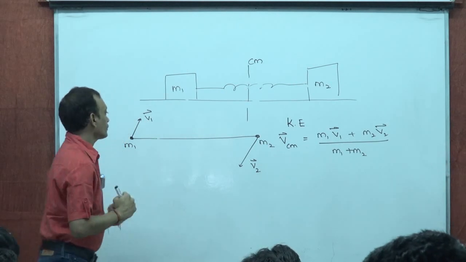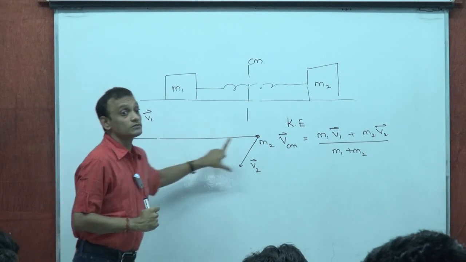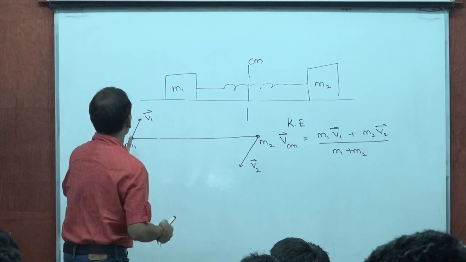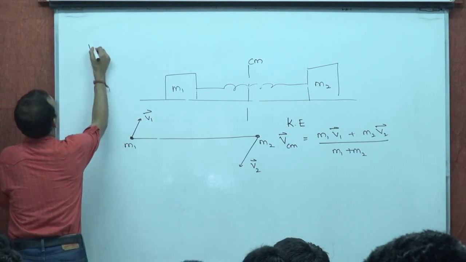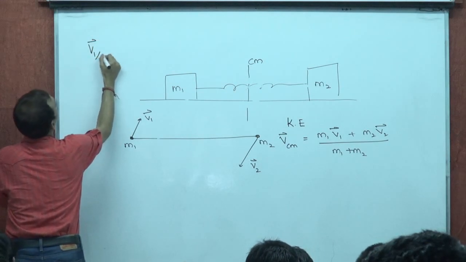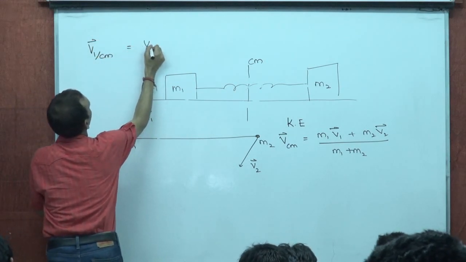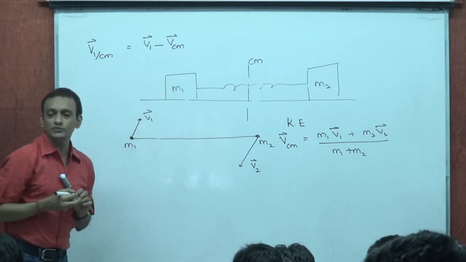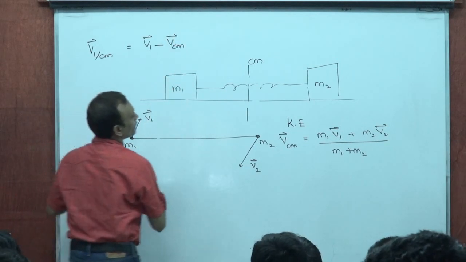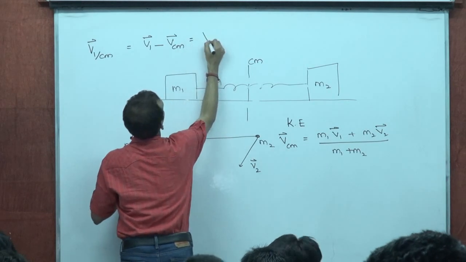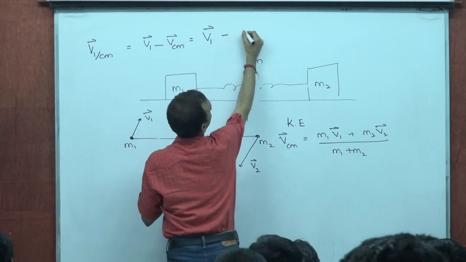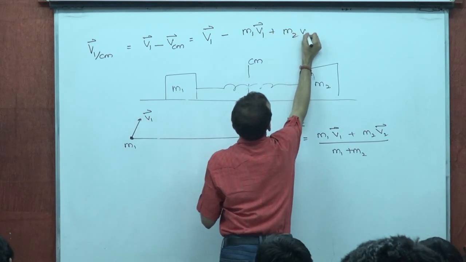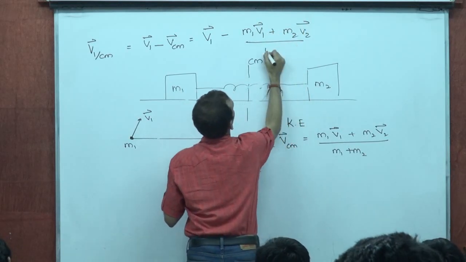Now, the two masses have a certain velocity as seen from the center of mass frame. For example, the velocity of 1 as seen from the center of mass is going to be V1 minus VCM, which is V1 minus (M1 V1 plus M2 V2) divided by M1 plus M2.